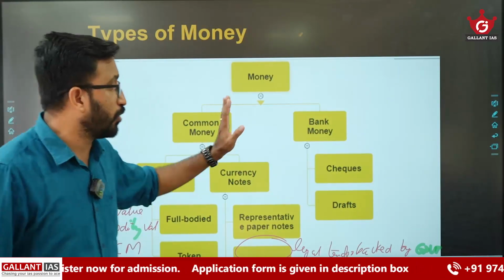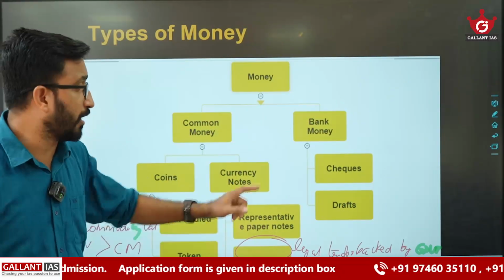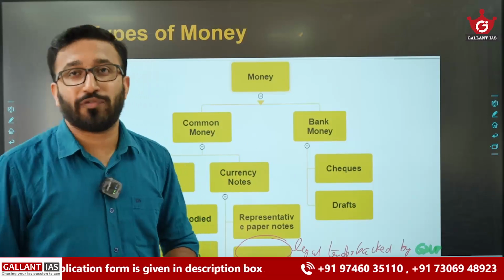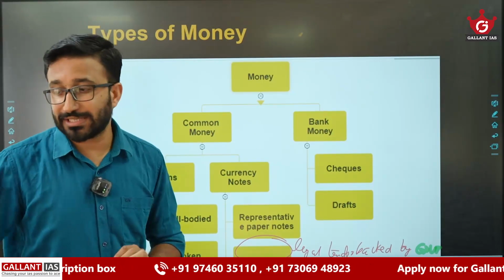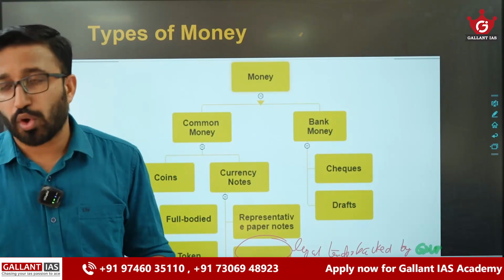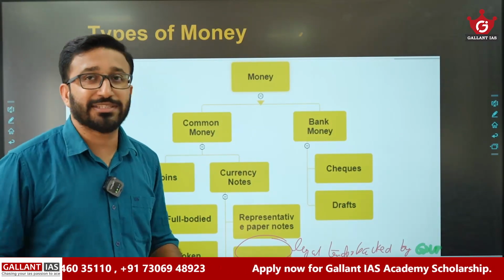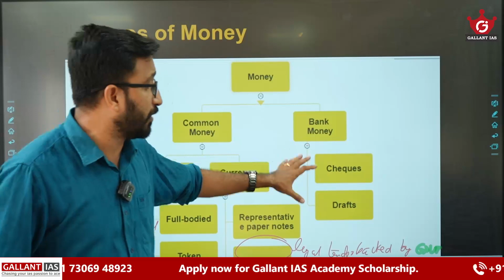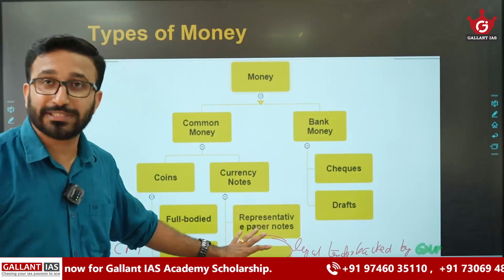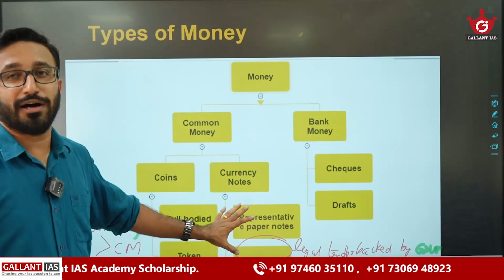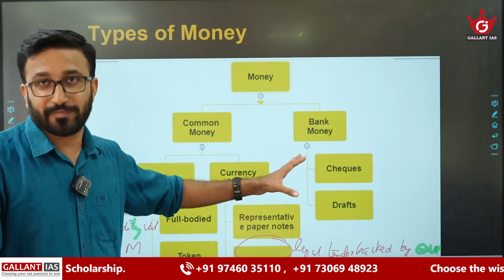Now we can move on to bank money. See, these are two familiar terms, check and demand draft. Check and demand draft are the two common terms that we come across. So what is the difference between check and draft? See, it is similar to representative money and fiat money, the backing.